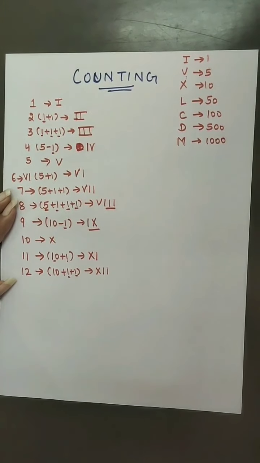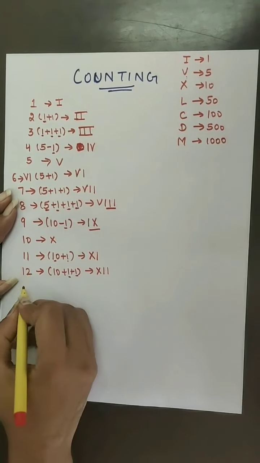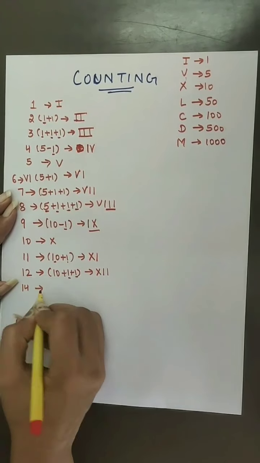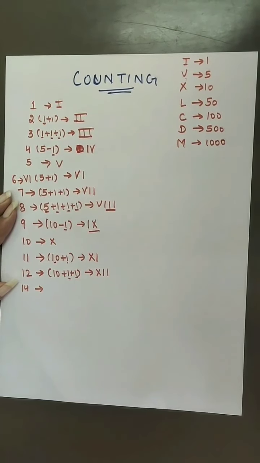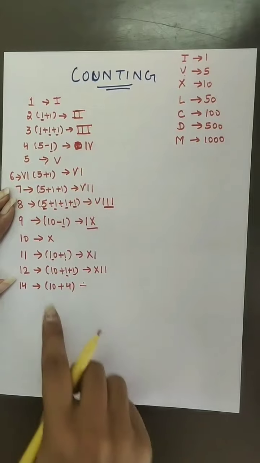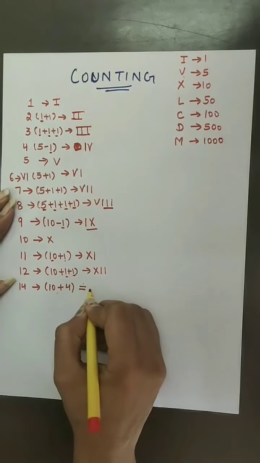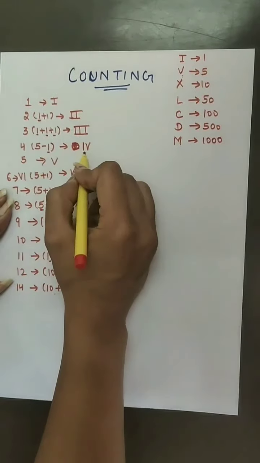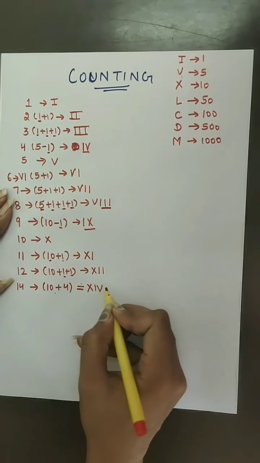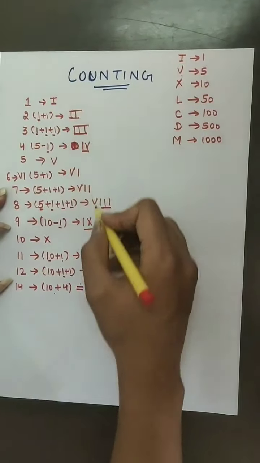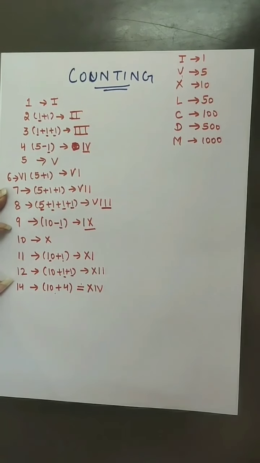Similarly 13, 14, 15. 14 I'll tell you. For 14, now 4 times we cannot repeat I. So for 14 we will write 10 plus 4. What is the value of 10? X, and 4 from here you can write as IV. If you learn from 1 to 9, it will be easy for you to write the Roman numerals.